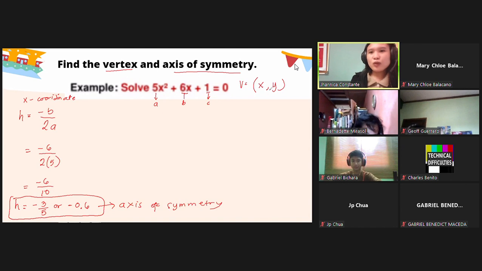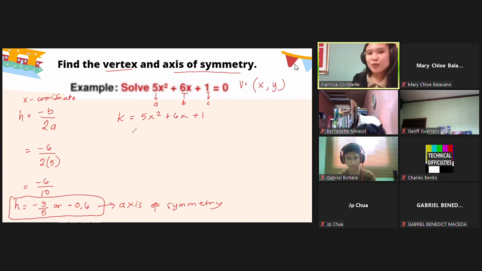So to solve for the y coordinate of our quadratic function, substitute the given value of your h or your x in the quadratic function. Solve for k. k is equal to 5x squared plus 6x plus 1. Your x is negative 3/5 or negative 0.6.